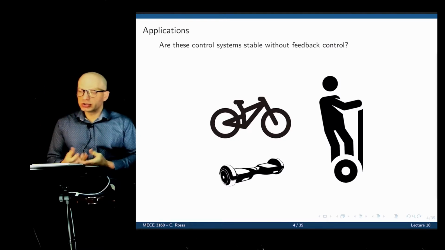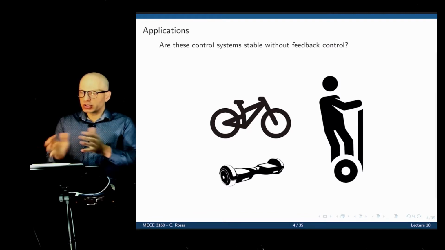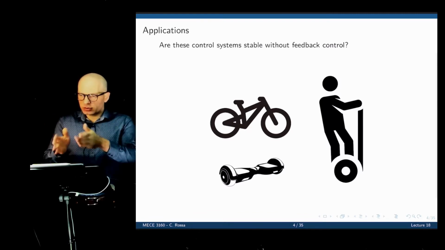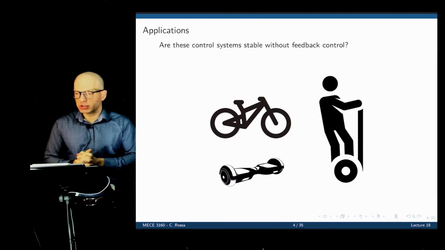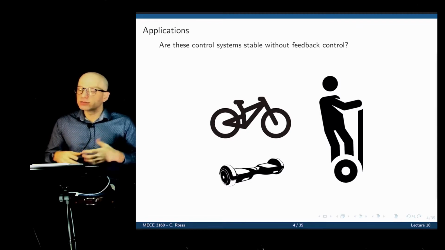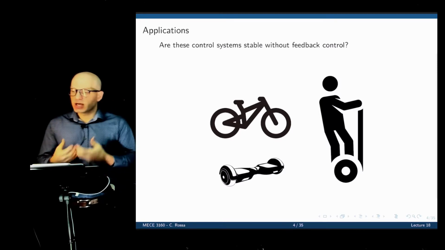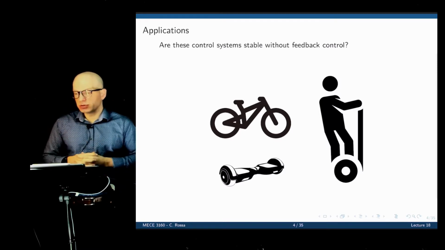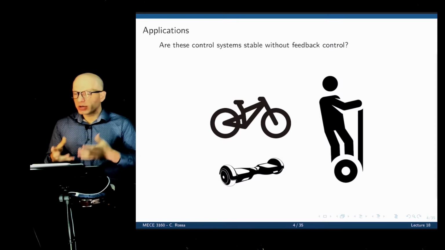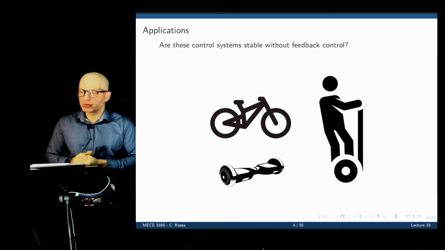There is a controller that measures the orientation and then applies a torque to the wheels to make sure that you are always in a vertical position. So there is an active control loop, an active logic behind it that is designed to maintain a certain position, to maintain stability. Without the control system, all of these systems here are unstable.